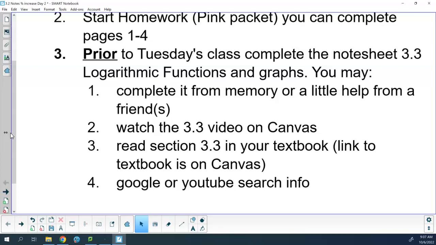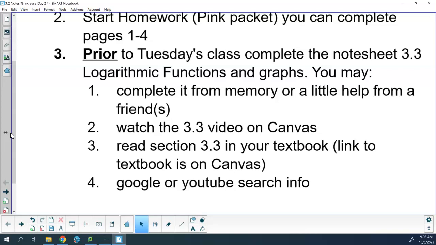So you can do it from memory. That's one way of doing it. You can watch the 3.3 video on Canvas. That's the part that hasn't been published yet, but it'll be published soon. Or you can read section 3.3 in your textbook, which is on Canvas already. Or Ross said you can just Google, YouTube, search it, and all that fun stuff.